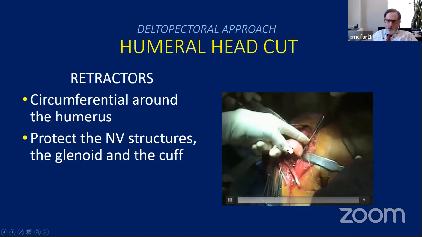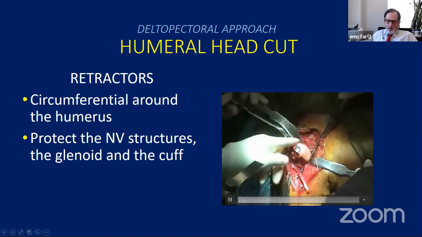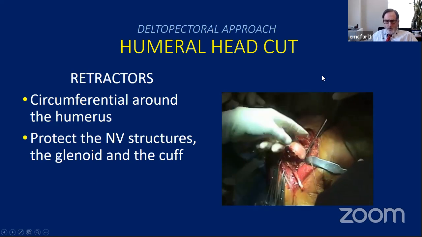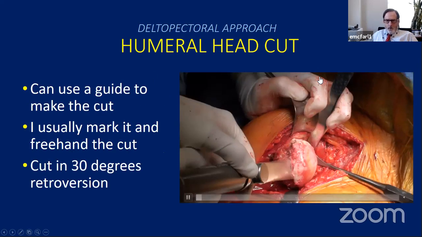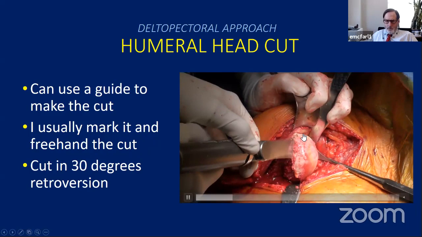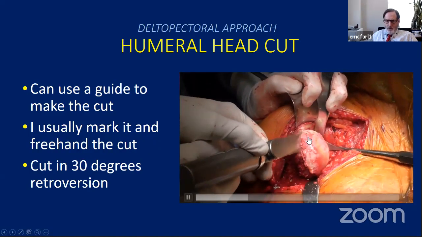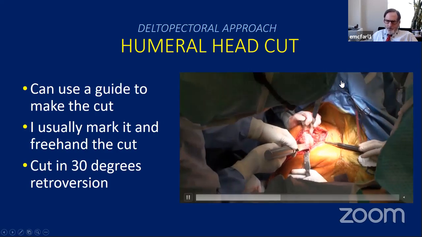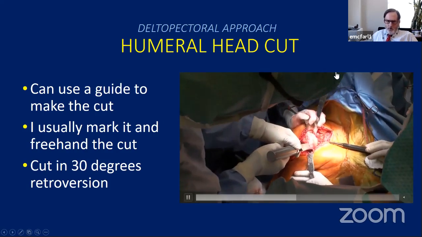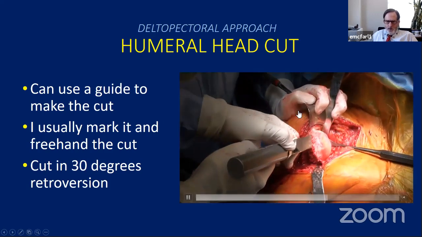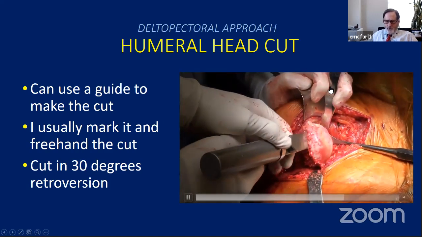And so the humeral head cut, I like to make sure that there's no chance I'm going to do something bad. Some people use a guide. There's usually systems that you can work with where they put a stem down and then they leave a guide. I usually just eyeball it, depending on how much deformity there is. But I usually mark it at least with cautery so I know. I also like to cut it in 30 degrees of retroversion.